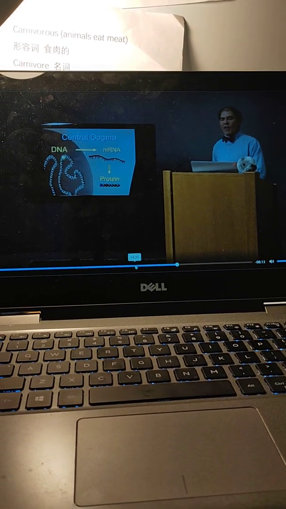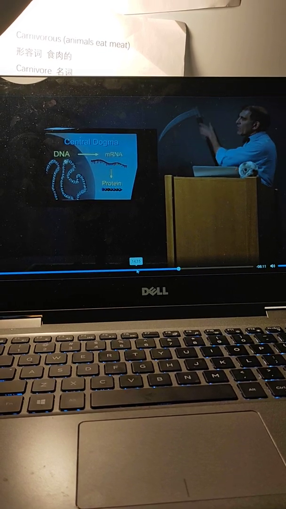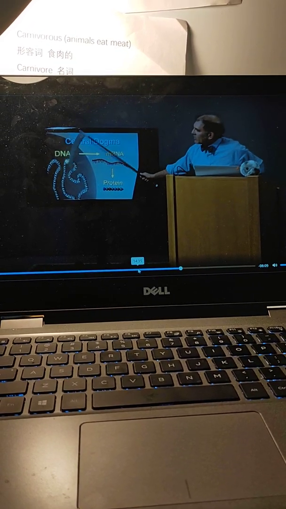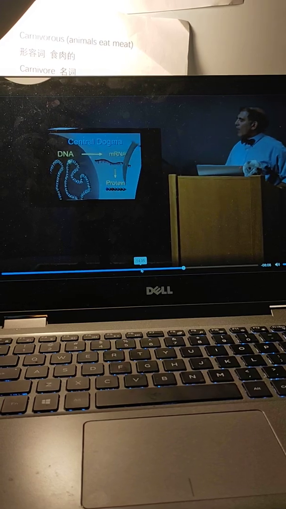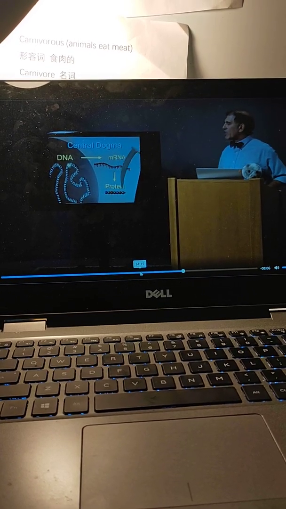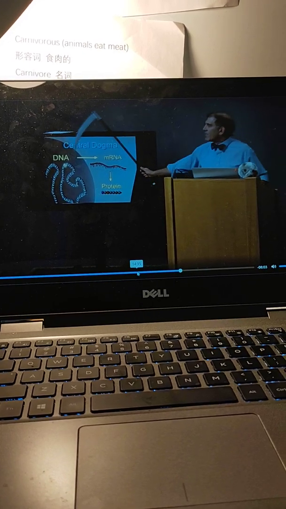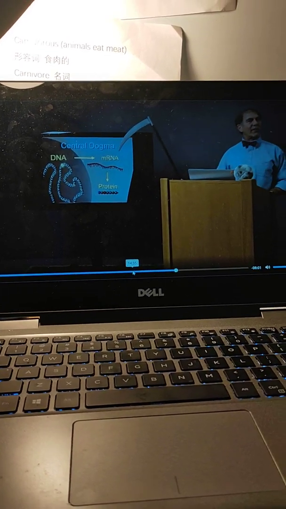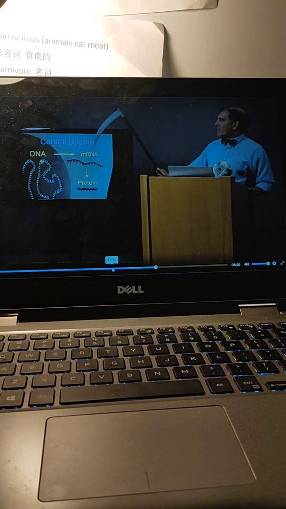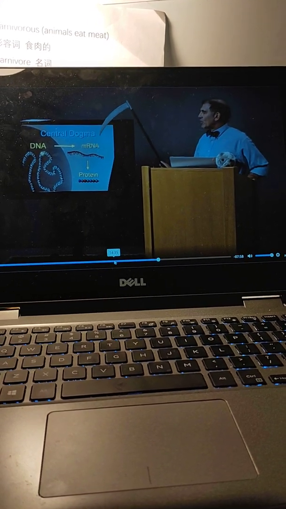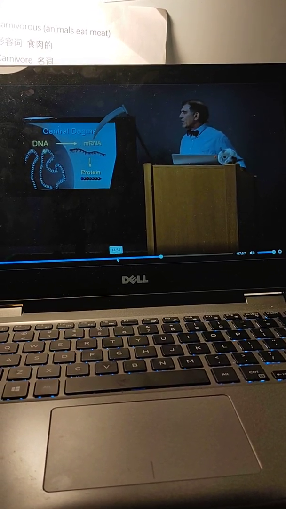So in carrying out that process, we have the biological material, we have the ultimate product that's making up the machines and the structures, and we have this intermediate, which is called the messenger. And the messenger is another chemical called mRNA, or messenger RNA.